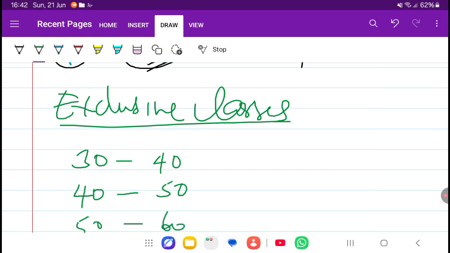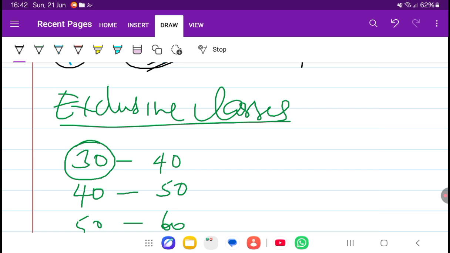then maybe 50 to 60. So this is our lower class limit, and this will be our upper class limit. For exclusive classes these will be the boundaries, but we shall get to understand how some of these things are done when we are doing computations.